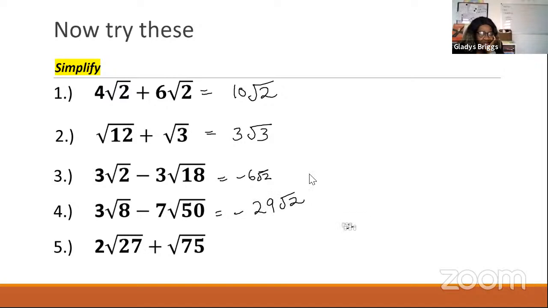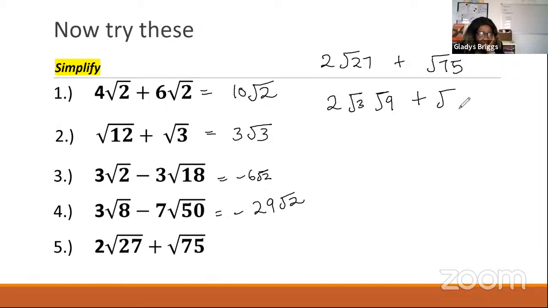And the last one. The last one is 2 times root 27 plus root 75. This is 2 times root 3 times root 9 plus root 25 times root 3.